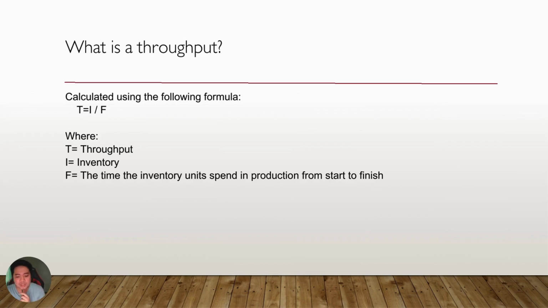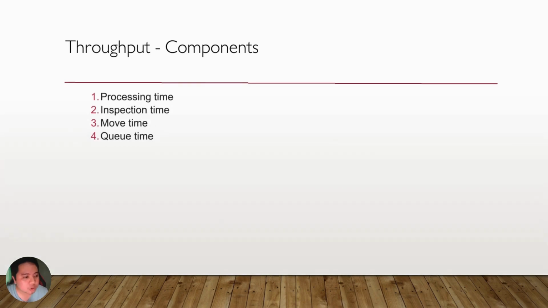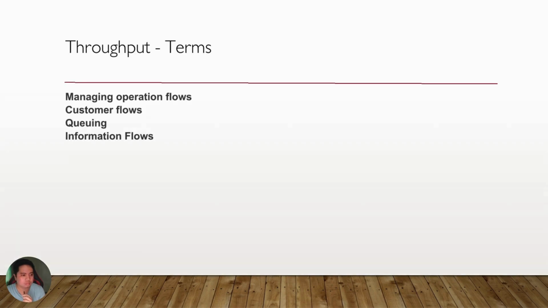What are the components of throughput? Throughput components are processing time, inspection time, move time, and queue time. Terms introduced by the reporters: managing operation flows, customer flows, queuing, and information flows.